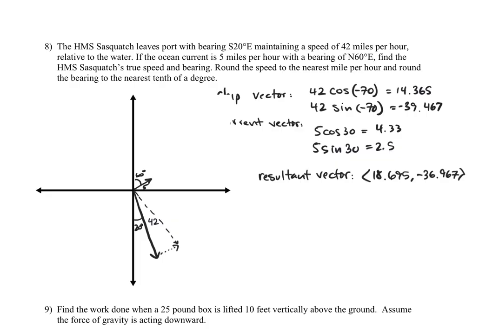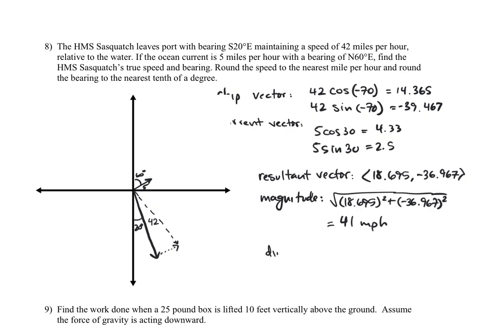So if we find the magnitude there, that comes out to be about 41 miles per hour. It says round to the nearest mile per hour, so that's 41 miles per hour.